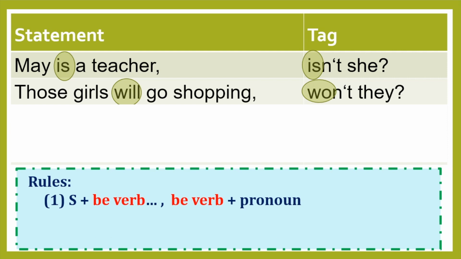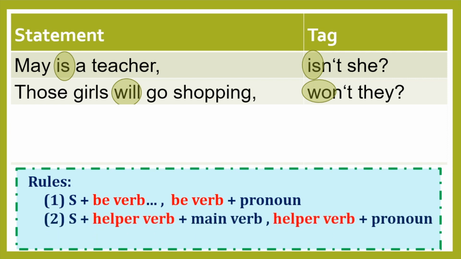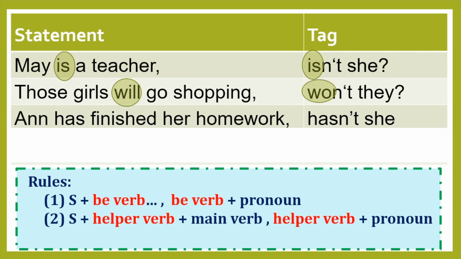More examples like this. Anne has finished her homework, hasn't she? Here we have has as the helper verb. Then the tag question is made with has, the helper verb.